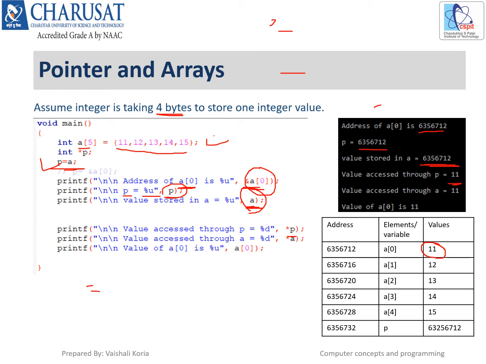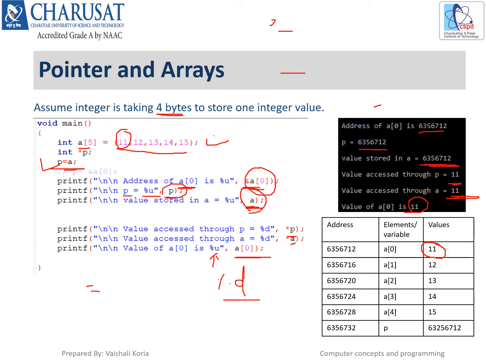Same way, a is also containing the address of the first element, so when you write star a, you will get the same output, the first element of the array. And if you simply want to print the array element value, you can write a of 0, and then also the value is 11. Okay, see this percentage u is for the unsigned integer, so you can use percentage d here.